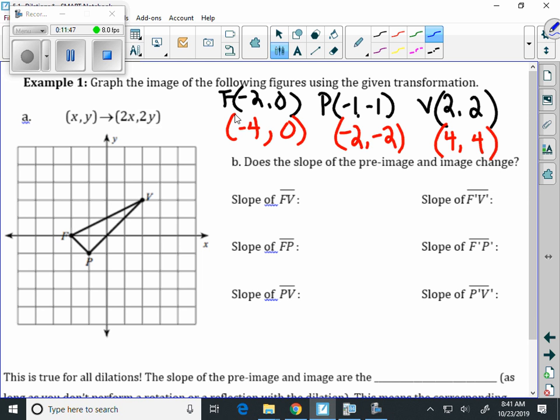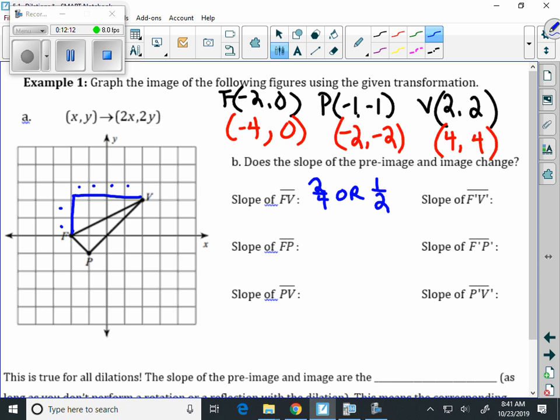But remember, slope is rise over run. So when we look at FV here, we're going to rise 2. We're going to run 4. Rise 2, run 4. So it's 2 fourths, or if you prefer, it's 1/2.